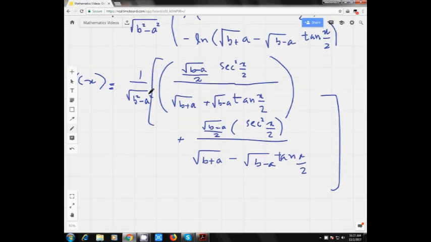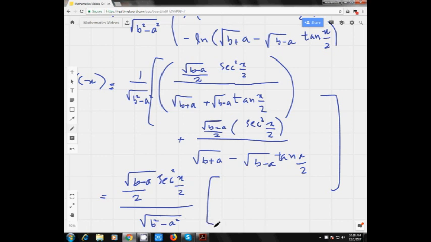Inside the square brackets, the numerator is the same in both of the expressions, therefore it can be taken as common, and we will take it out of the brackets. Secant square x by 2, and the whole is divided by square root b square minus a square.